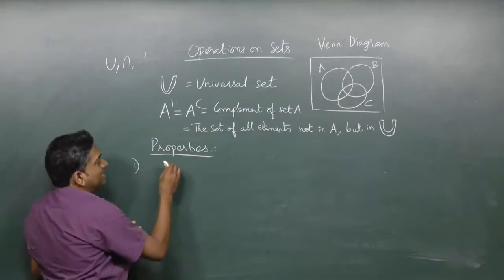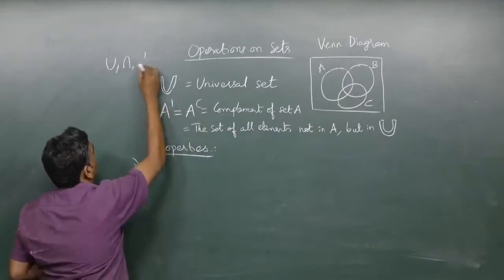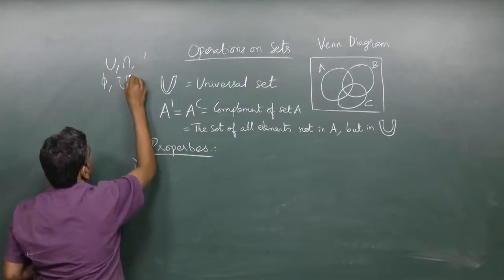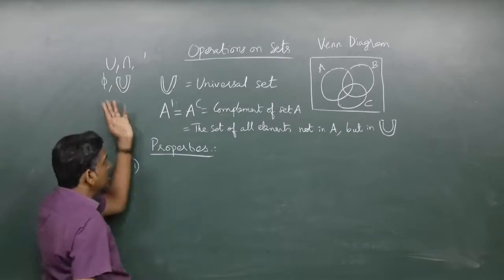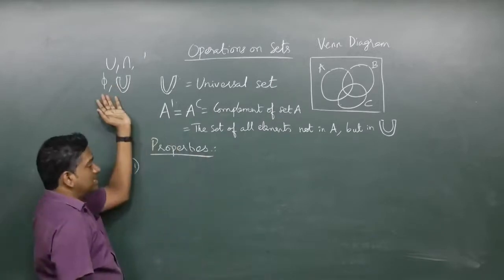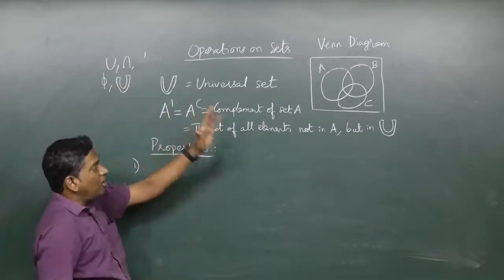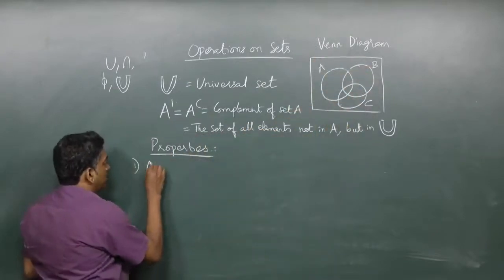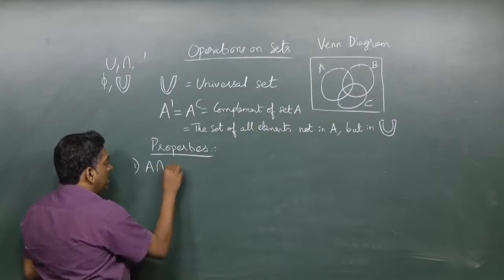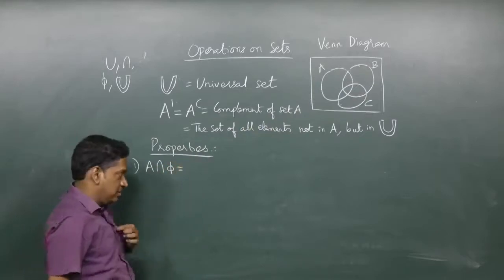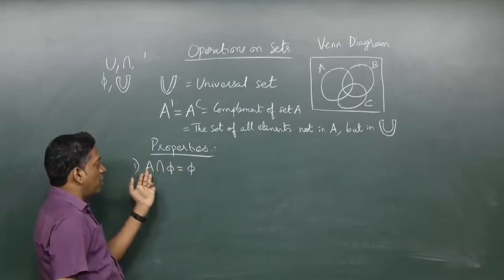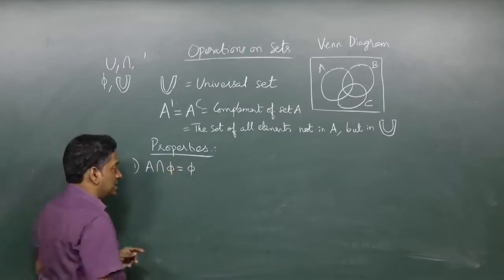Now first, the basic sets we know are phi and the universal set. Okay, these are some special sets. Phi is the null set, U is the universal set. Null set has no elements, U has all the elements in the universe in that context. Okay, so let's list some properties. Any set A intersection phi would simply be phi, because there's nothing going to be common between the two sets, because phi itself is a null set.